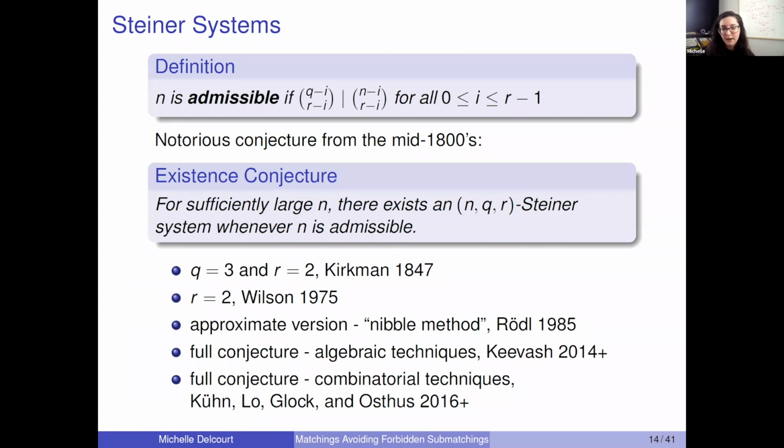In particular, the first instance of the so-called nibble method was Rödl's proof of the approximate version of the existence conjecture, the so-called Erdős-Hanani conjecture, which was the first use of the actual nibble technique. So it's maybe not a surprise that the nibble is coming up here as well.